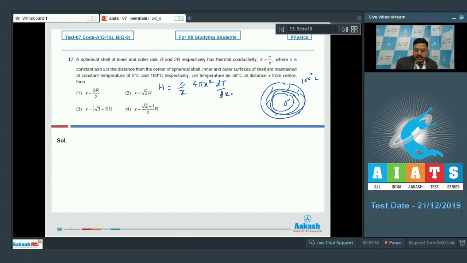So this is the expression, and if we simplify a little bit and do cross multiplication, we have H dx by x equals 4 pi C dT. We integrate, we know that x varies from R to 2R, and the temperature goes from 0 to 100 degrees C.